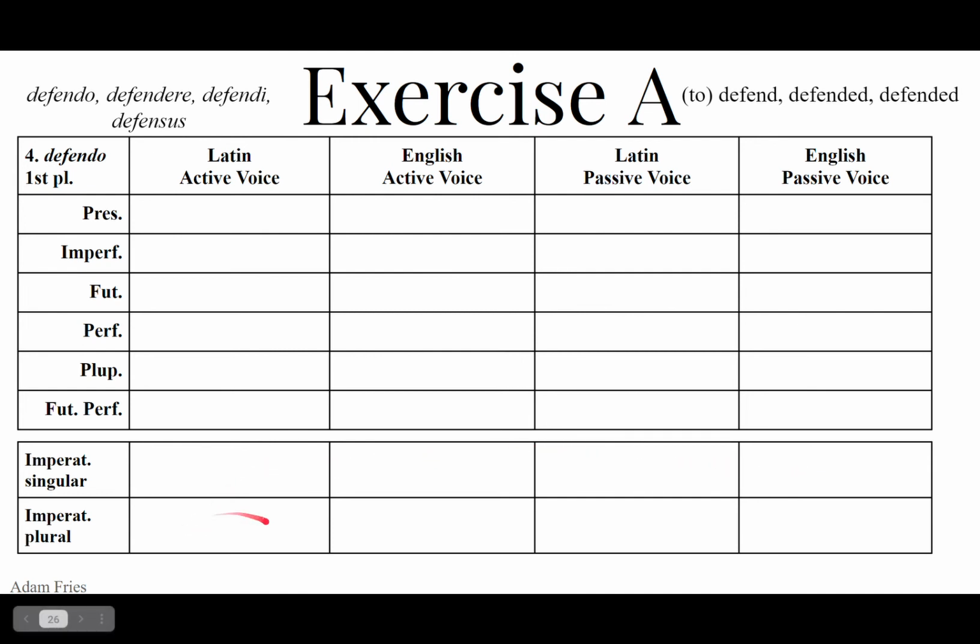For the plural, take the present stem defend and add ite. Defendite. Defend ye. Come on, you guys, defend. And then the passive, defendimini. Defendimini. Be defended, ye. Come on, you guys, be defended.